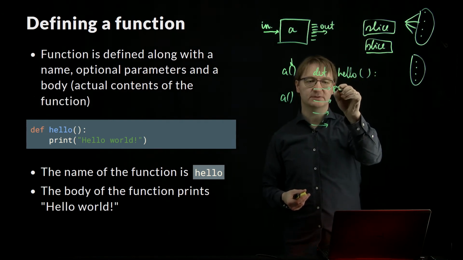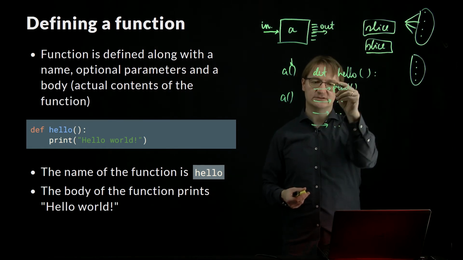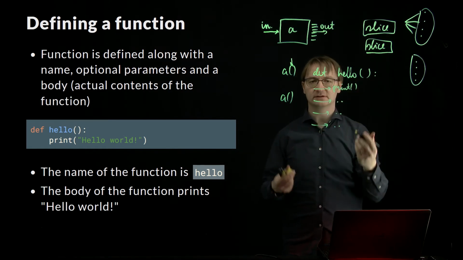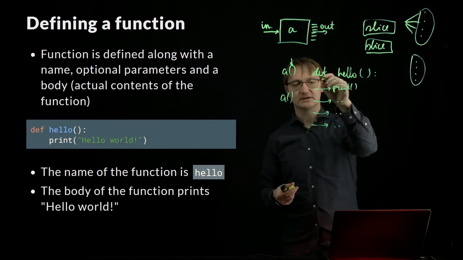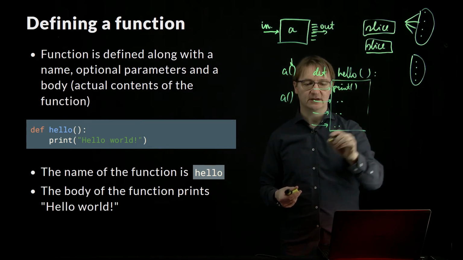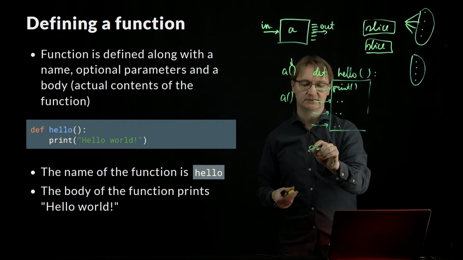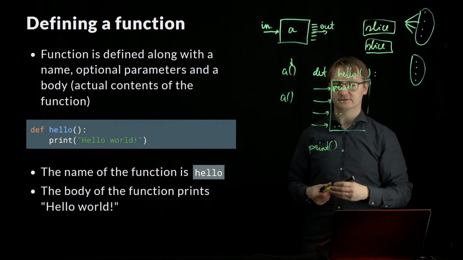Here we can say it's print. It can do several things. But everything which has this indentation, that's the body of this function. So basically I can say that this one here is the body of the function. And if I have some, let's say, print here, then this is not a part of the function anymore.